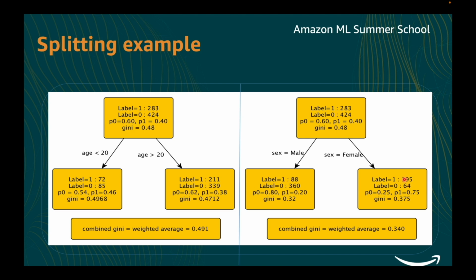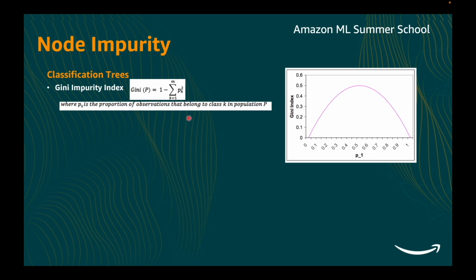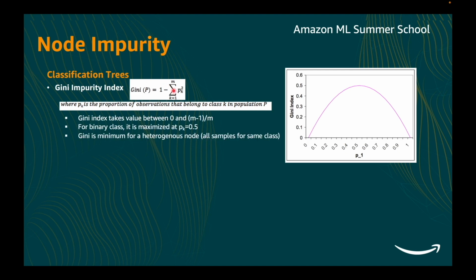We square that, and we do 1 minus both of those squared terms, and we get our Gini impurity value. That becomes the impurity value for the node. And as you can see, the Gini impurity value takes values between 0 and (m minus 1) divided by m, where m is the total number of classes. We've done our example with 2 classes, but you can have multiple classes.